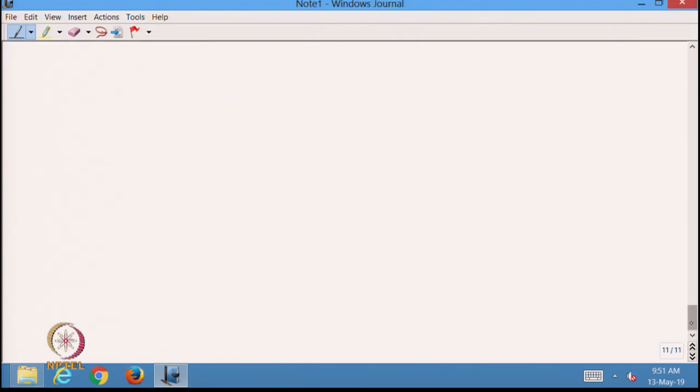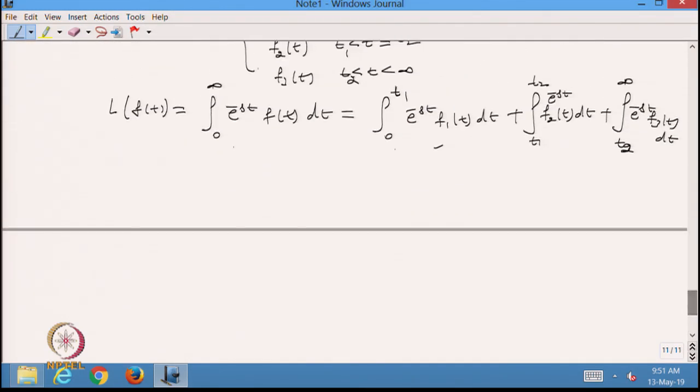So, this is one of the properties, and the second one I will define, the term I will define, is called the function f t is of exponential order alpha. So, what is the meaning of this?